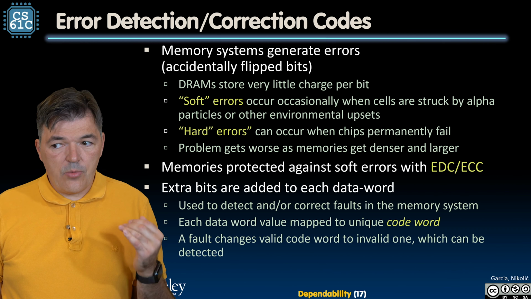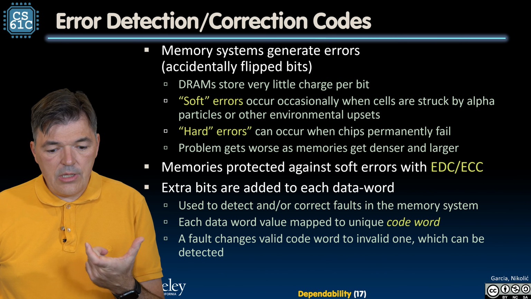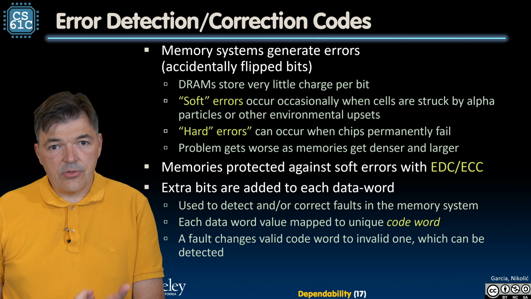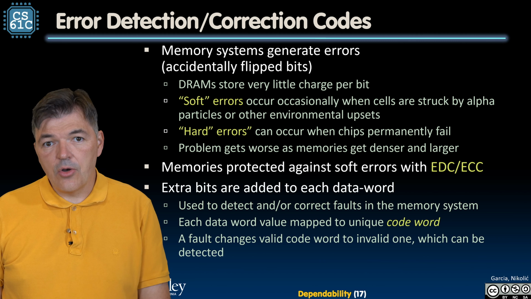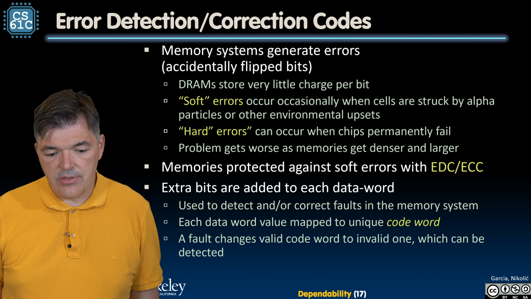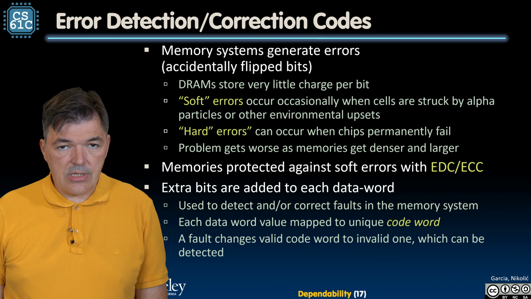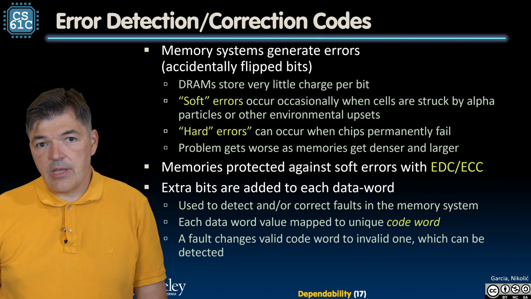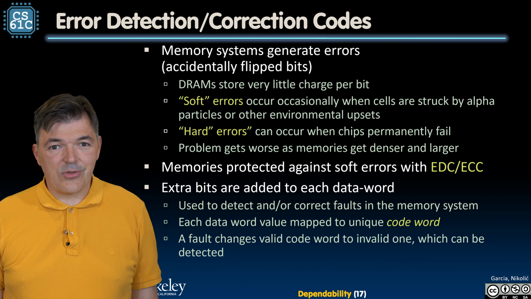The way it works is that we take our regular results of computation, and before storing them, we manipulate them into some kind of a code space, and that code space has the redundancy. So if a fault changes this valid code into an invalid one, we can detect that because that code word does not exist in our code set.